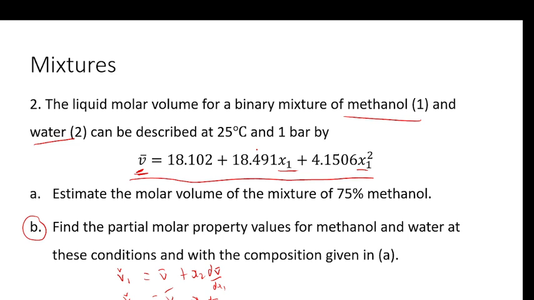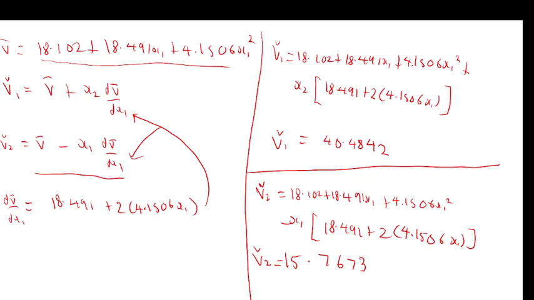So I just put in 0.75 into this expression, and that should give me 34.30496. So once again, let's verify all the final answers.